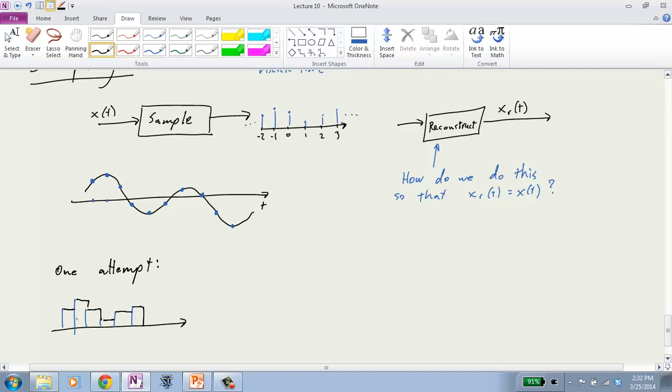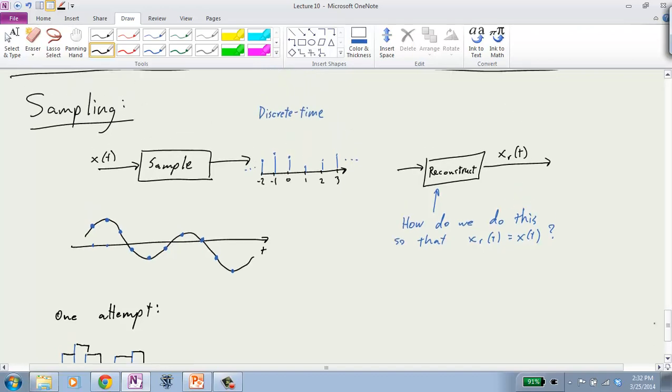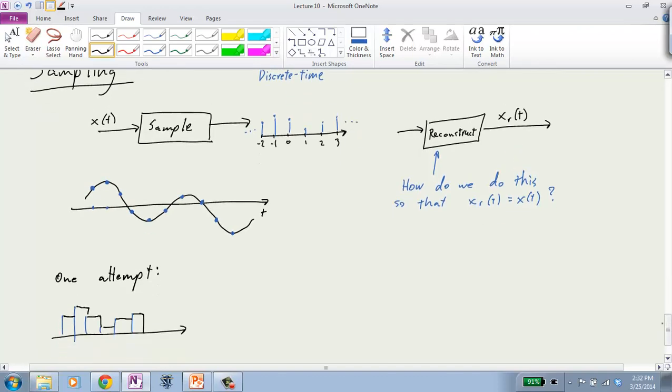So we took a sequence of numbers, and now we've created a continuous time signal just by continuing on that sample for the duration of the intervals, making rects, putting rects everywhere. Well, in my picture at least, that doesn't look anything like what went in. So this is, let's say, fail.